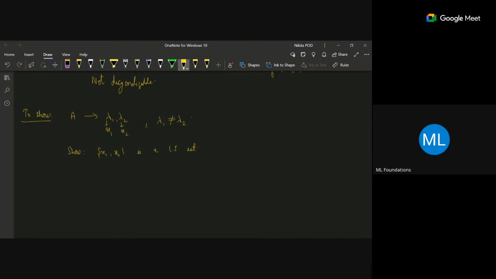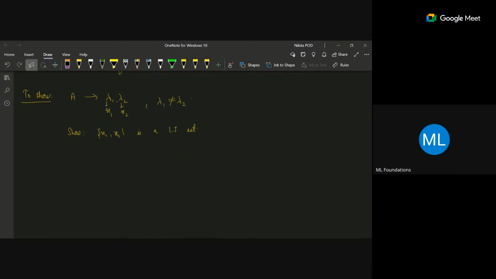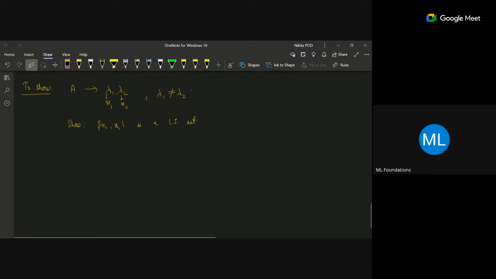So what do you do to check if a given set is linearly independent? How do you check it? We have to write the vectors as a linear combination, and we have to prove that the scalars are 0, right?